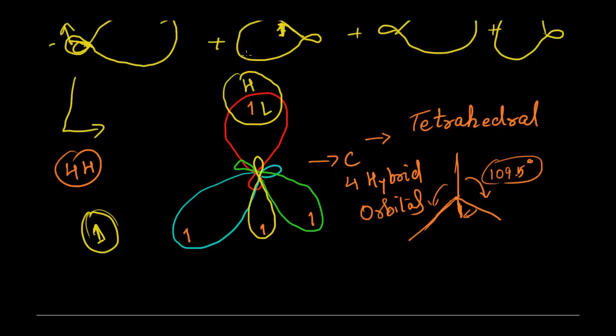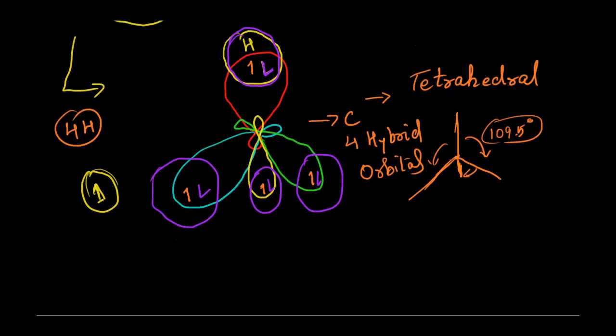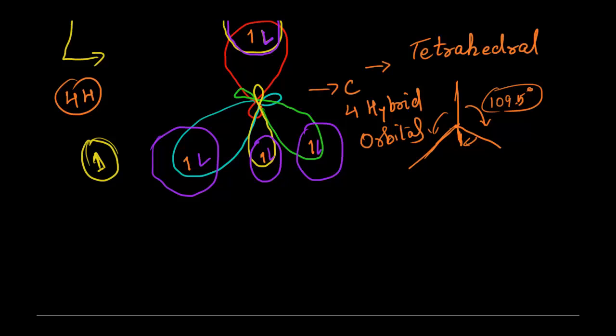Let me take some other color here. This is my hydrogen. This is my hydrogen. The third one and the fourth one. One electron each. So they have overlapped with the hybrid orbitals, and when they overlap, they make bonds of the same length, and all the angles here will be 109.5 degrees.